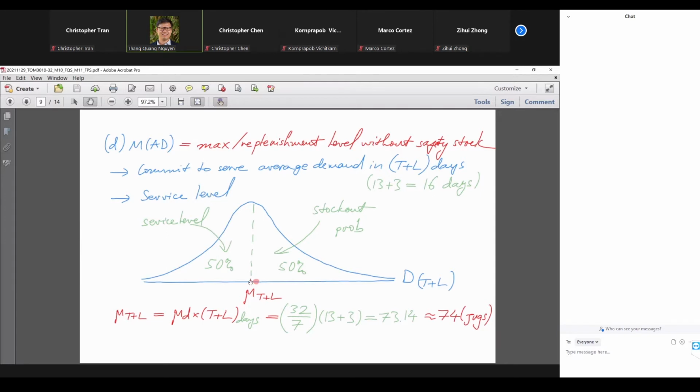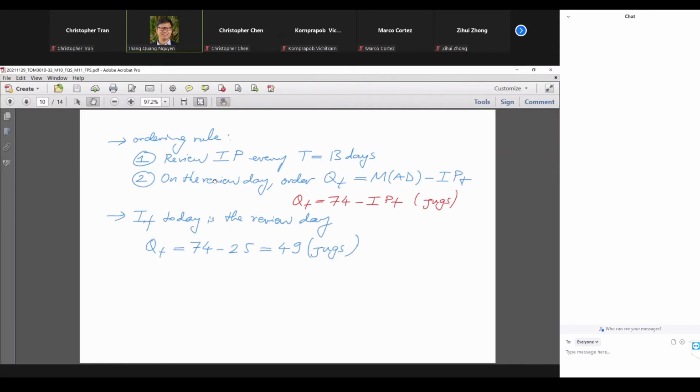We try to retain enough inventory to sell to the average demand during the next 16 days. That's why the service level is only 50%, because we only try to serve the average demand. The calculation itself is not difficult. You calculate it per day, then scale it up to the 16 days, and you have the maximum level.